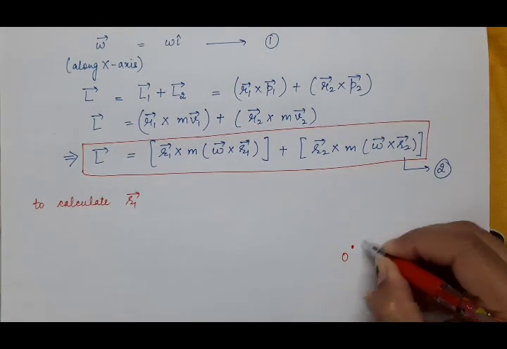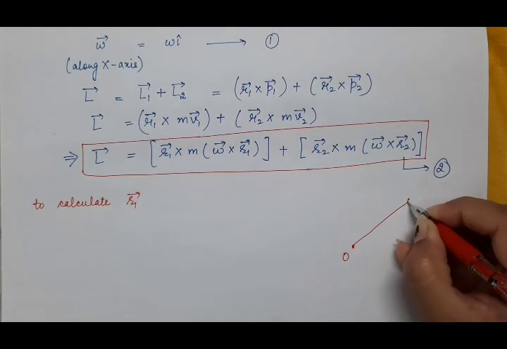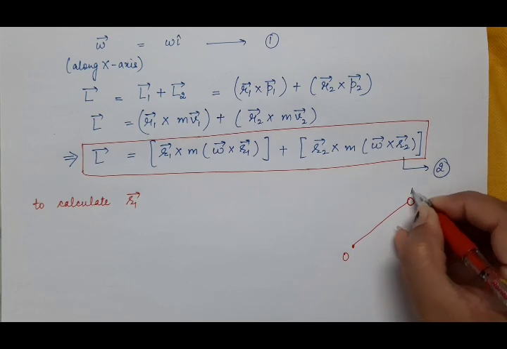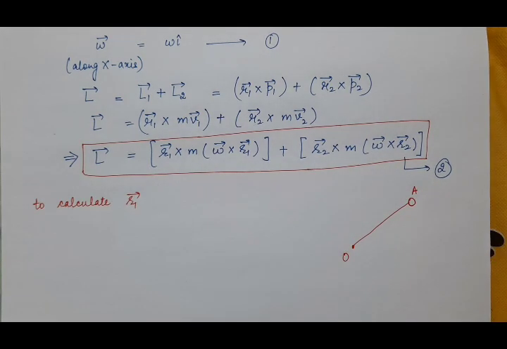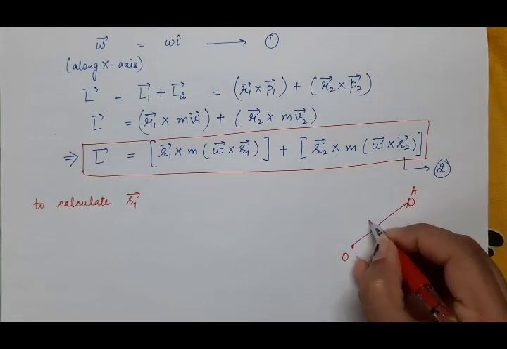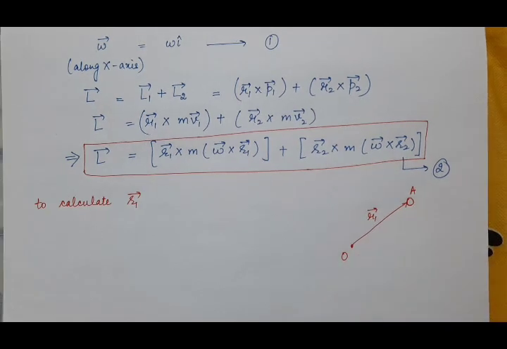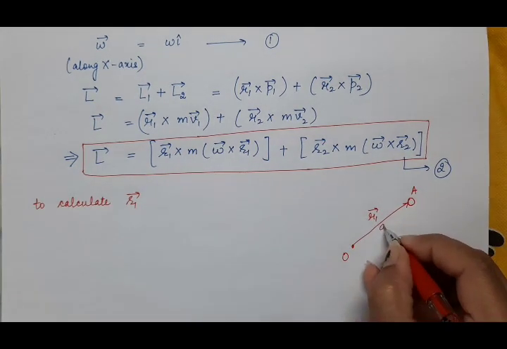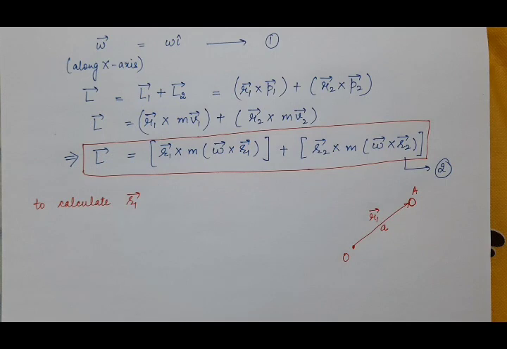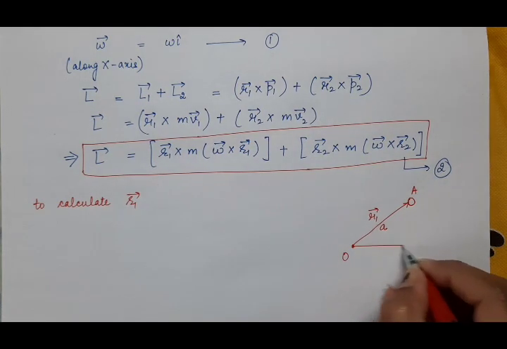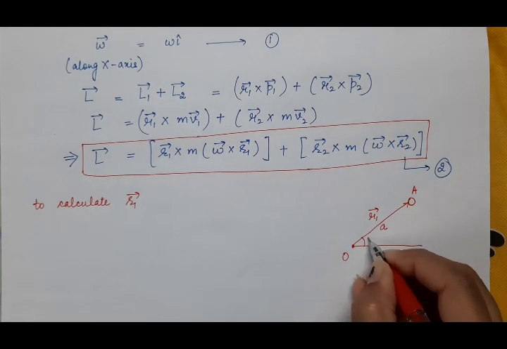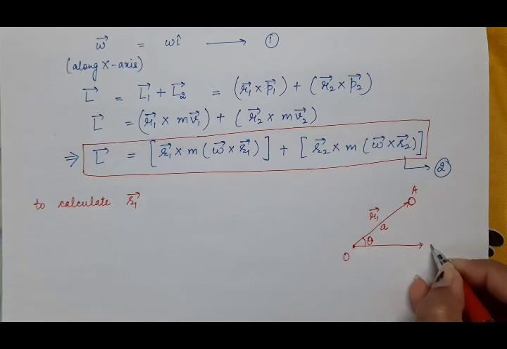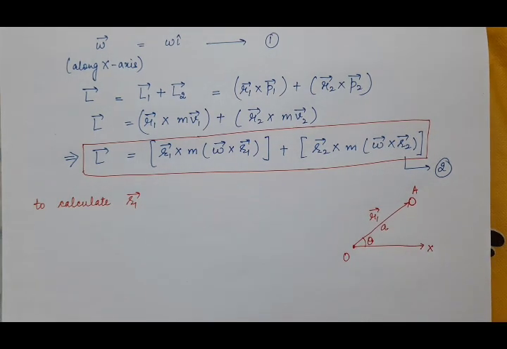This is point O and this one is point A. Its position vector is R1 vector, but its magnitude is a. And this portion is making an angle theta with the axis of rotation, the x-axis.